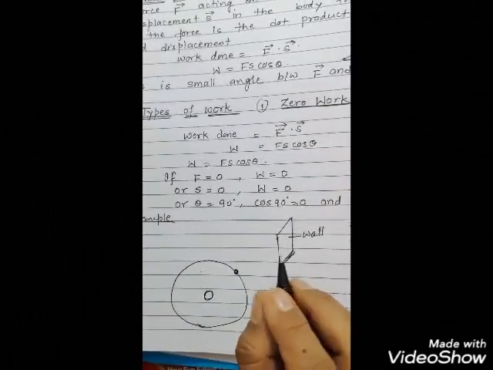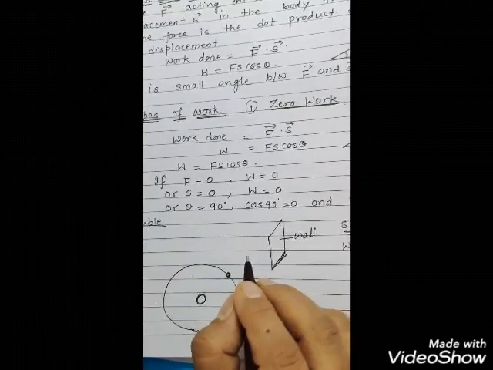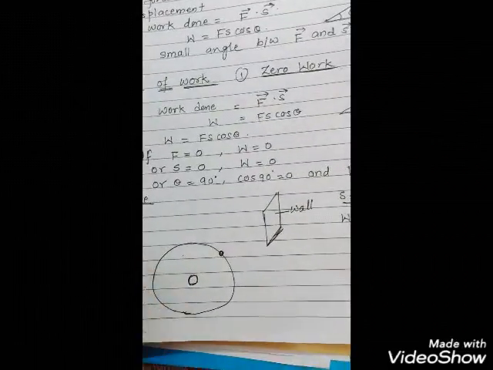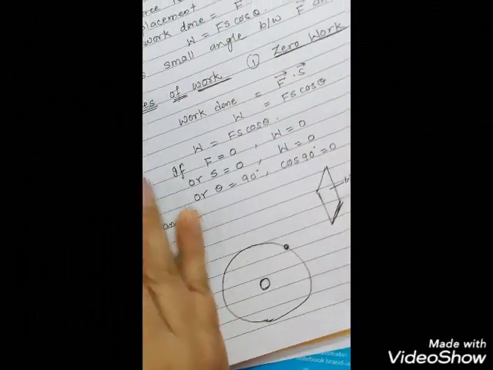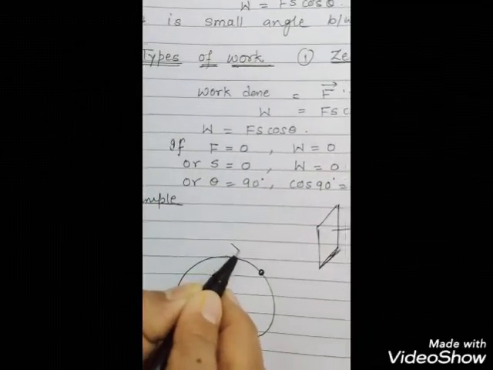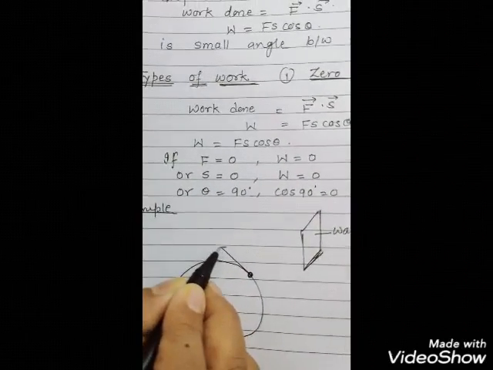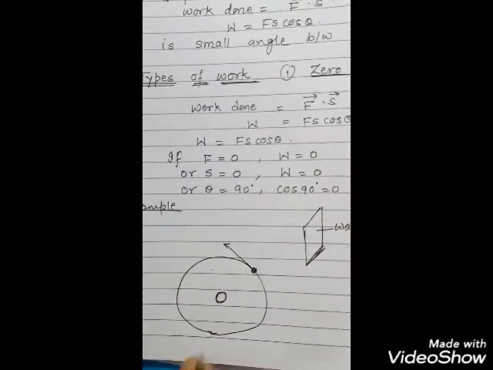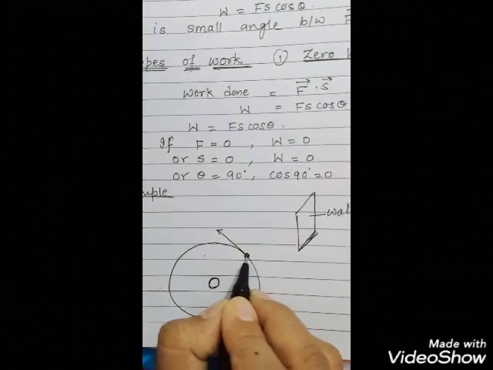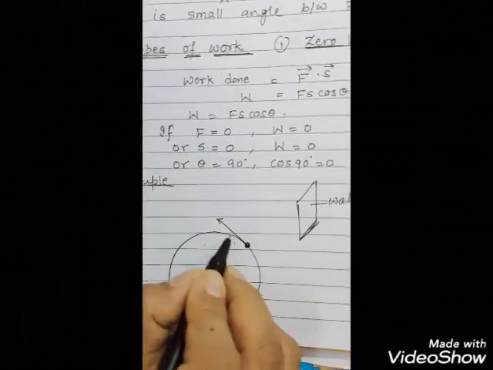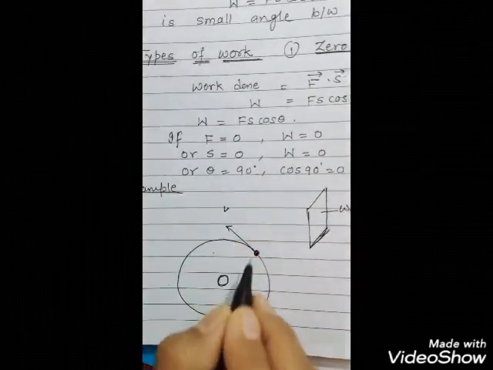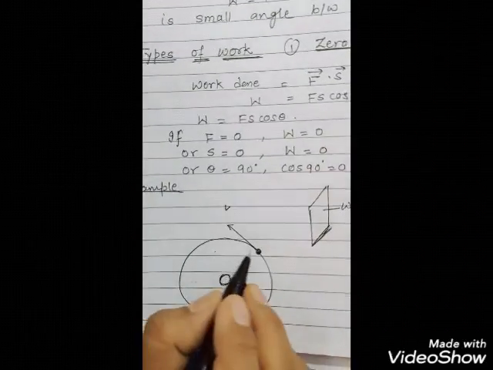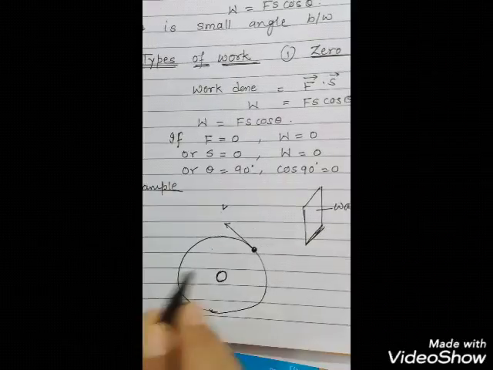As we know, in uniform circular motion, when an object moves in a circular motion, the direction of the velocity is always tangential to the point where the object is. Suppose the satellite is here, so the velocity will be in this direction. The satellite is moving anti-clockwise, so the velocity will be given in this direction at this point.